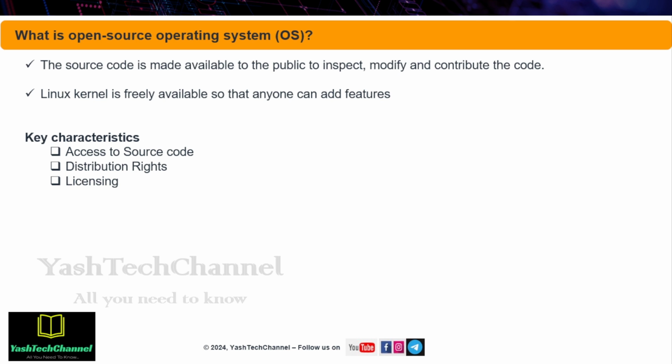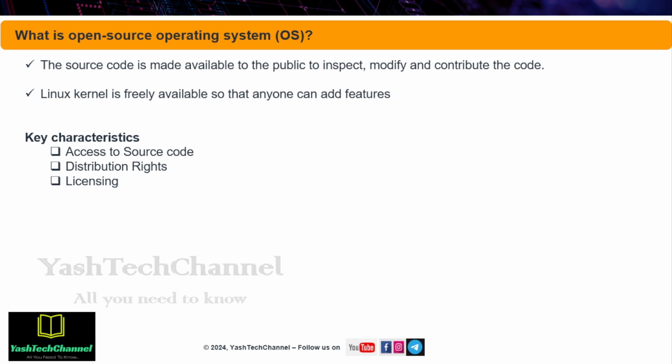Another key characteristic is community collaboration. This is very important. Community collaboration means, let's say, a couple of people contributing their modifications or code updates to the users. They can collaborate with each other, discuss, and push the changes together with the team.